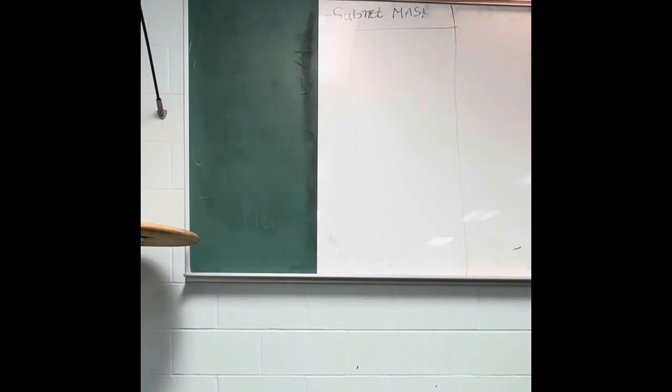Okay, so let me start with a simple IP address, 10.10.8.7. Let's pick this. What happens here is, if I convert it into binary, can anyone convert it to binary, please?